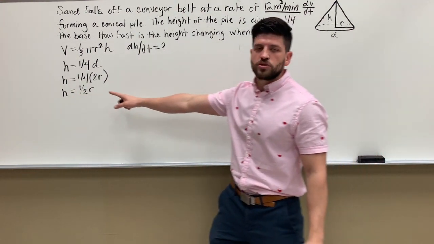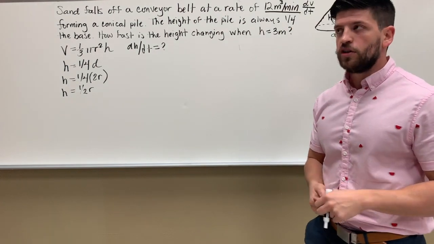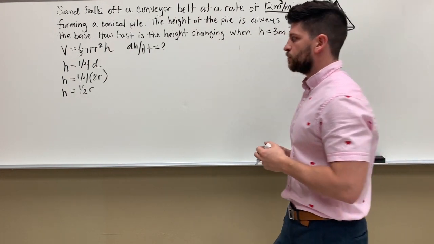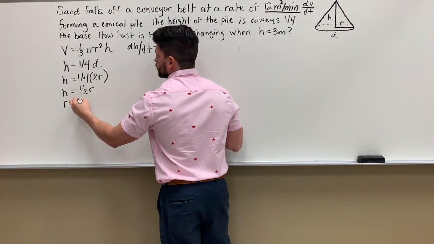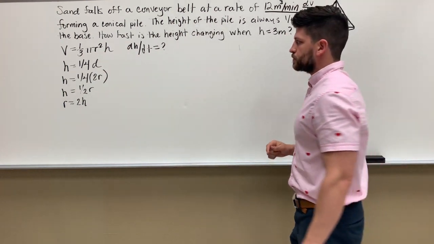And we're going to make a substitution into our equation because we want to get rid of r. If we get rid of r, we will not have a dr/dt when we take the derivative. So that means I need to solve for r. So r is 2h, and now I'm going to substitute that into my equation.